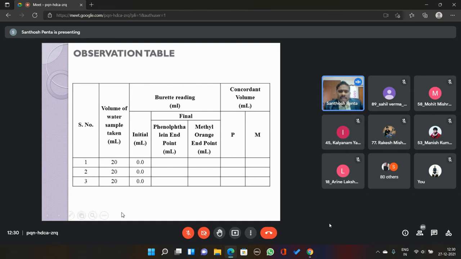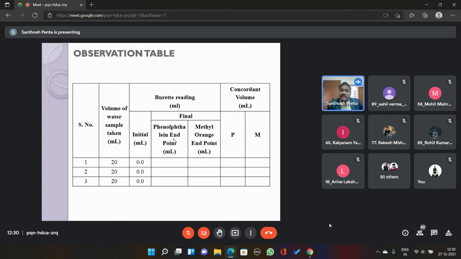At what range can the phenolphthalein indicator work? At what pH range can the methyl orange indicator work? You may have this idea. At what pH range does phenolphthalein work? So 8.2 to almost 10. There are different indicators, but each indicator works thoroughly at a particular pH range.